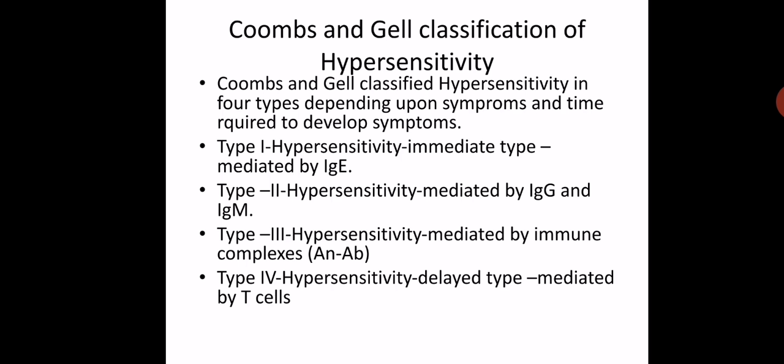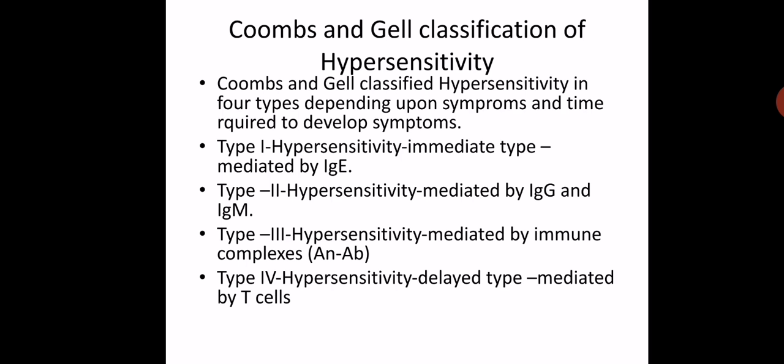Likewise here T cells are predominant. In delayed type of reaction, thymus dependent cells or T cells are predominantly involved, and they mediate the type 4 or delayed type of reaction. Whenever there is involvement of immunoglobulins or antibodies, we observe the response immediately. So all these types will be included in the immediate type of reaction.